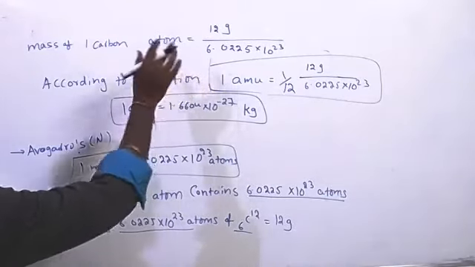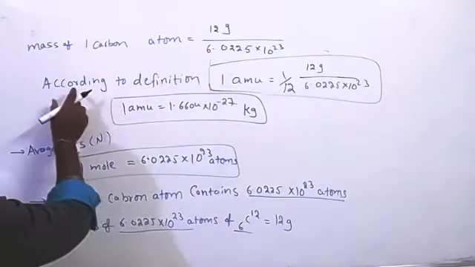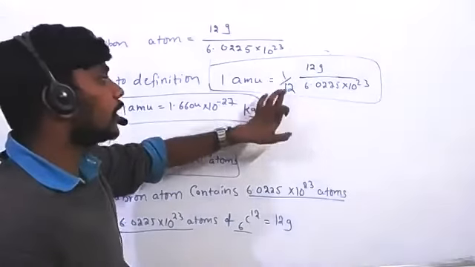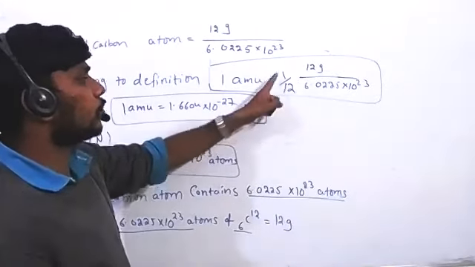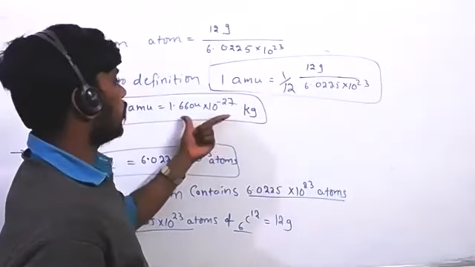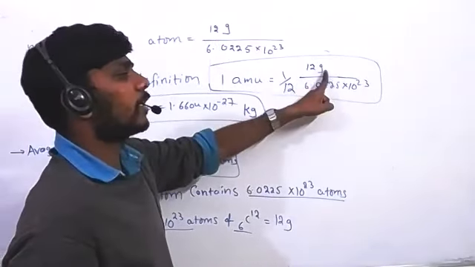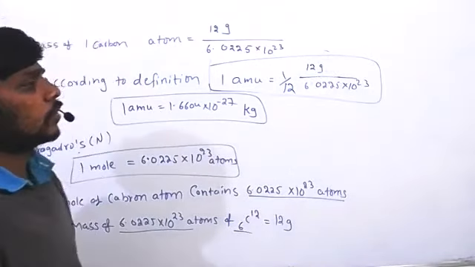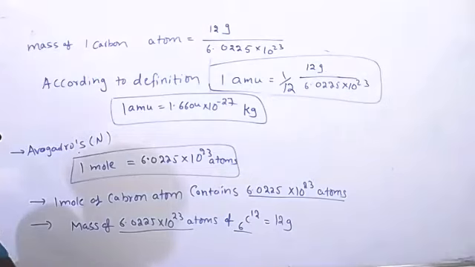But if you want the atomic mass unit, according to the definition, 1 AMU is equal to 1/12th the mass of a carbon atom. So 1 by 12 of the carbon atom mass. If you solve, you will get this. Here they have given grams, so 10 to the power of minus 3 you have to put. So it will become 10 to the power of 23.